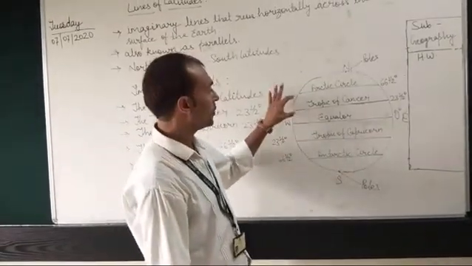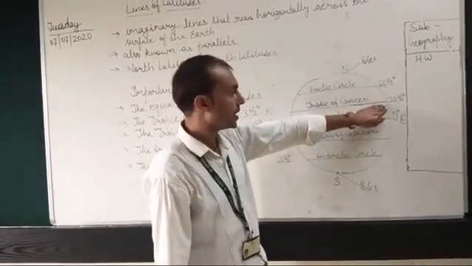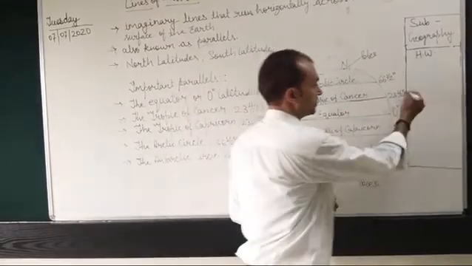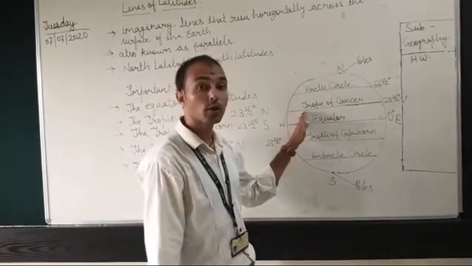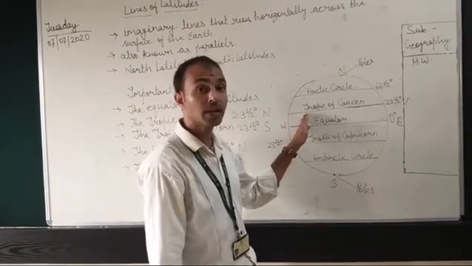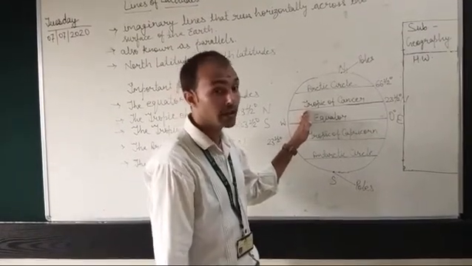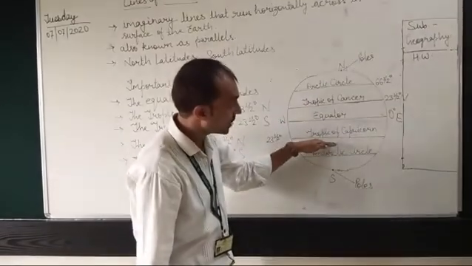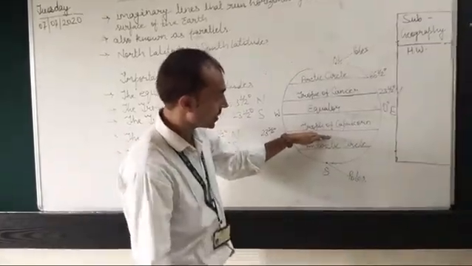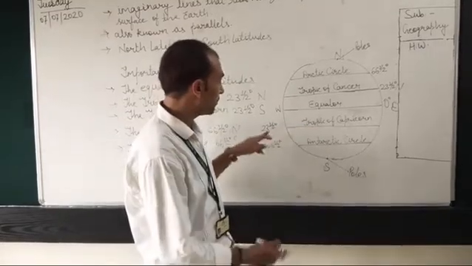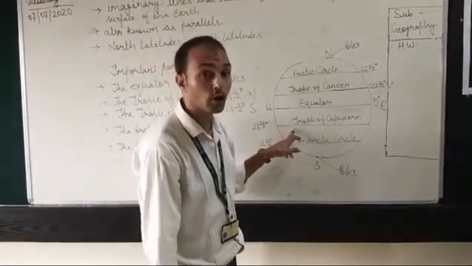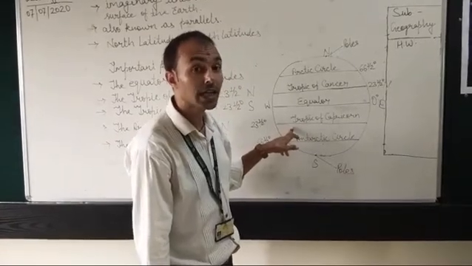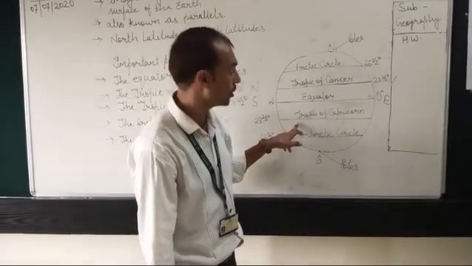Now at 23.5 degree north, there is the Tropic of Cancer. This parallel is known as Tropic of Cancer. On the other hand, if you come downwards towards south, then at 23.5 degree lies the Tropic of Capricorn.